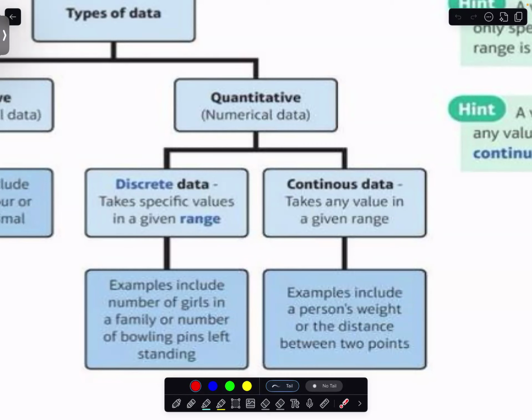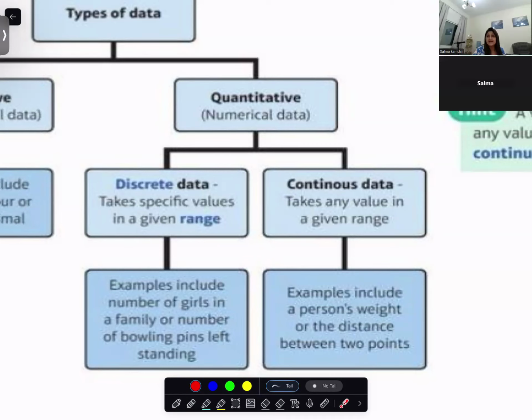If I say number of girls in a family, so the data is going to take a specific value in a given range. Number of bowling pins left standing, it could be one, two, three. So it would be the number, the data will be a specific value within a given range.